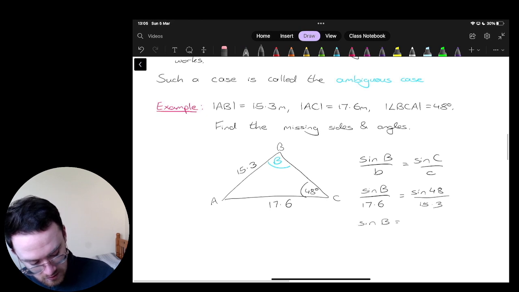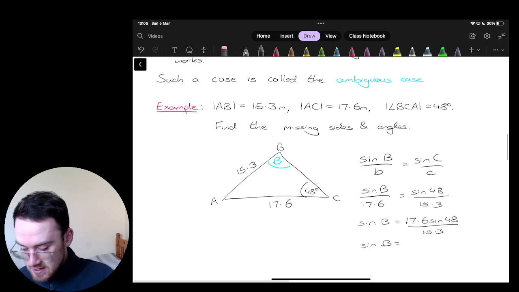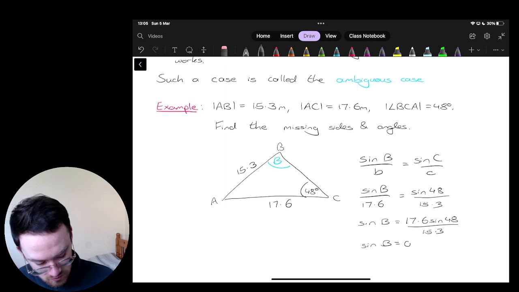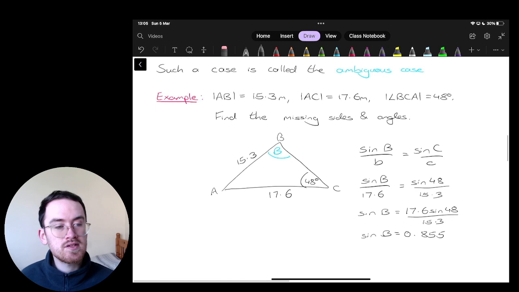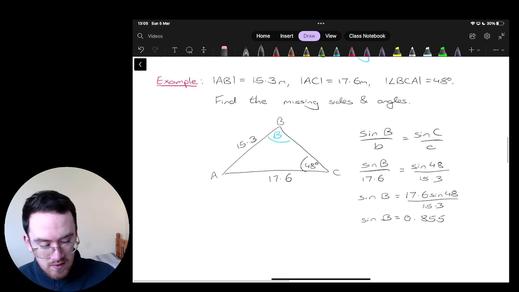Sine of B is 17.6 sine 48 over 15.3. And so we get that sine of B is equal to 0.855.